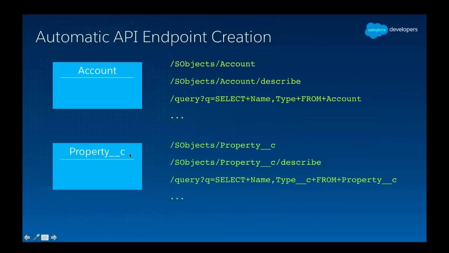And this is the custom entity called property. And you can see that basically the same endpoints are going to exist. The only difference might be things like which fields are available for which entity. So the actual endpoints that we create, whether it's for SOAP, REST, or bulk, are going to be very, very similar, if not identical, between different data entities.